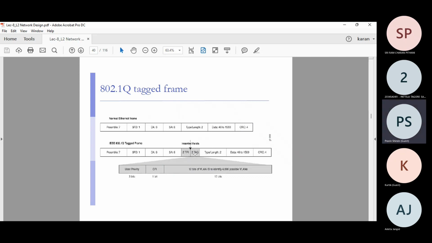See the number of tagging. So which number? VLAN 2, VLAN 4, VLAN 5, any. This is possible with a 12-bit VLAN ID, 1 to 4096. That is the range of VLANs.